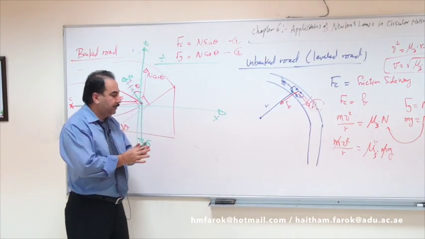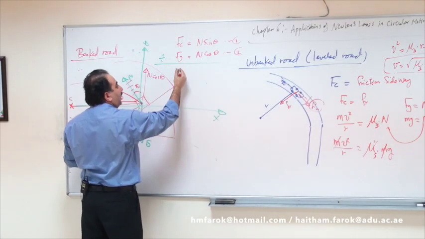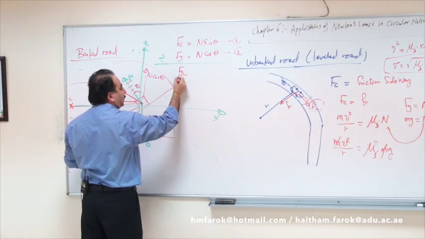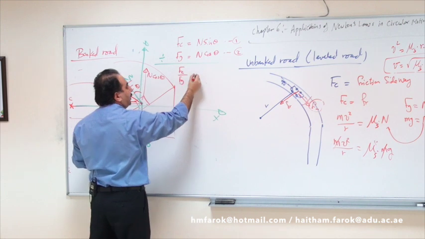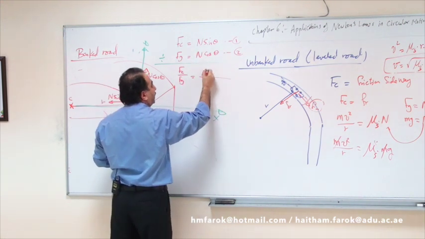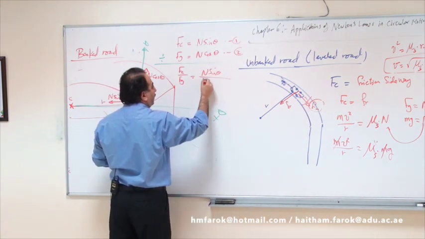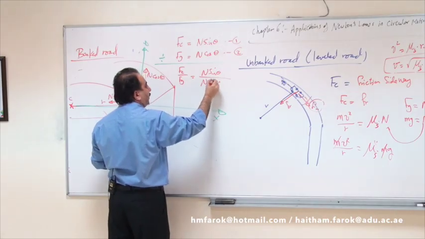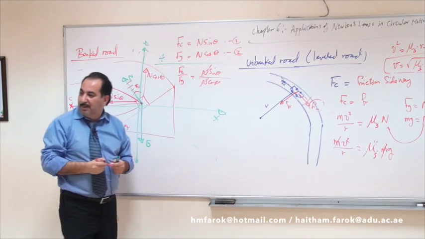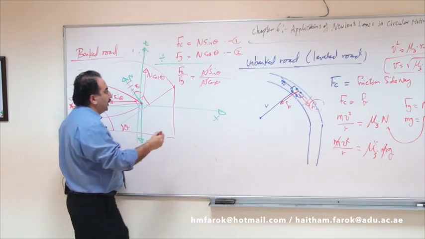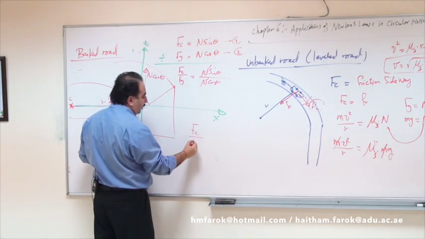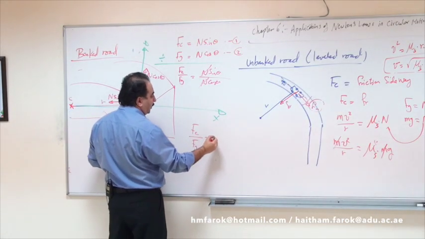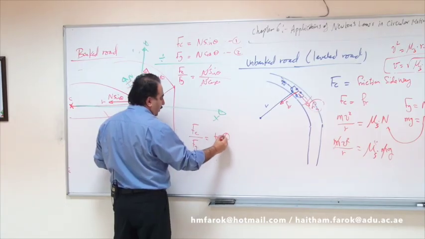Now, Fc divided by Fg, this is the division of this side. And this one, N sine theta over N cosine theta. Normal is not needed. So we'll have Fc over Fg equals tan theta.